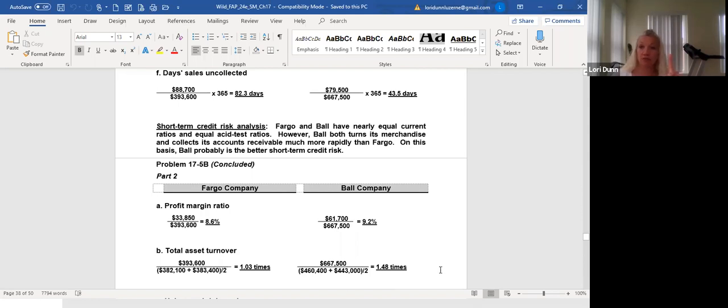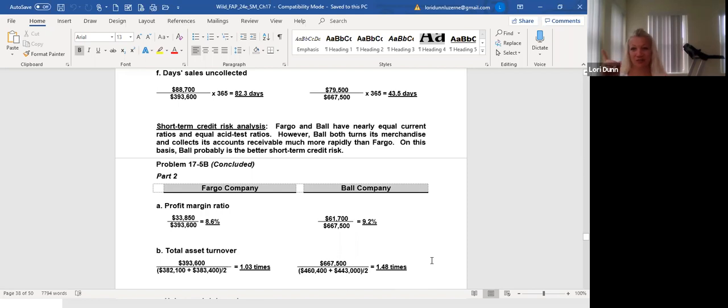So every dollar of assets for Ball, they generate $1.48 in sales. Or from a turnover perspective, you can say they are able to take their assets and make sales 1.48 times.